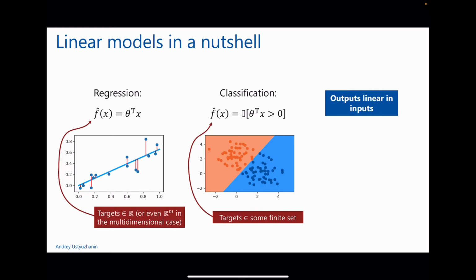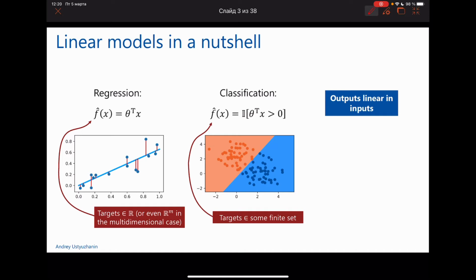So first of all, why do we want to study linear models? In a nutshell, it is a combination of the input features that approximates our target quantities. In this one-dimensional example of a regression model, we have this set of objects.